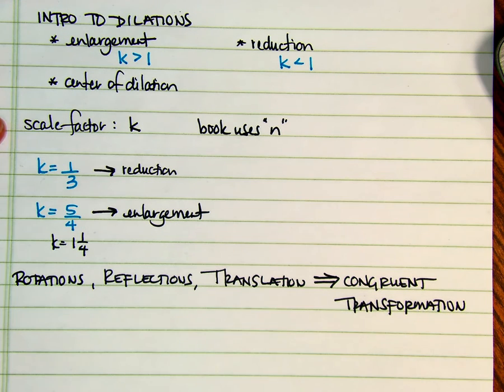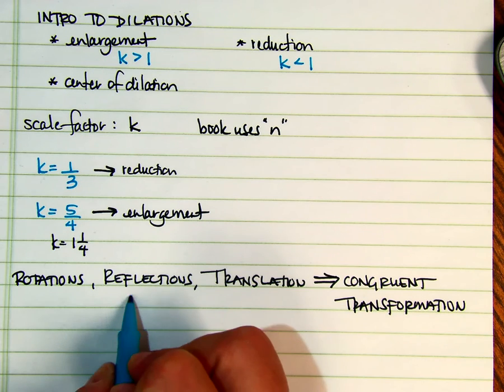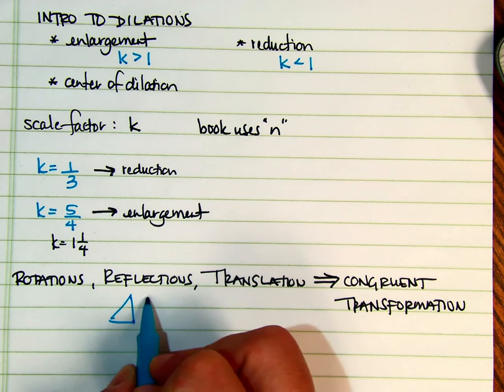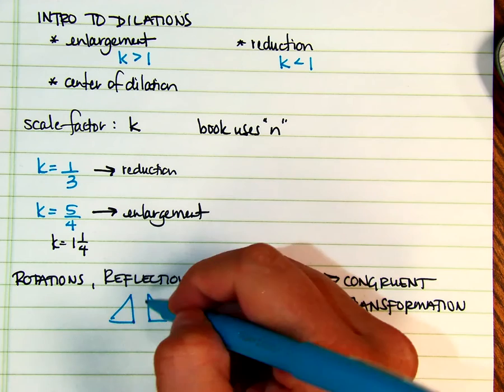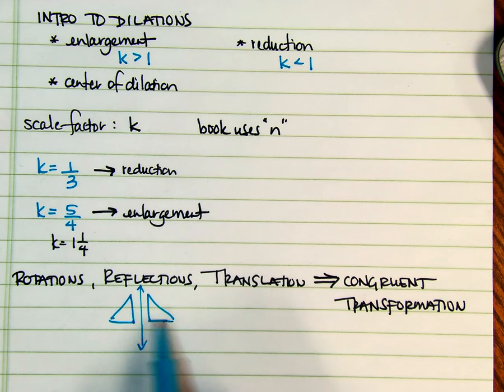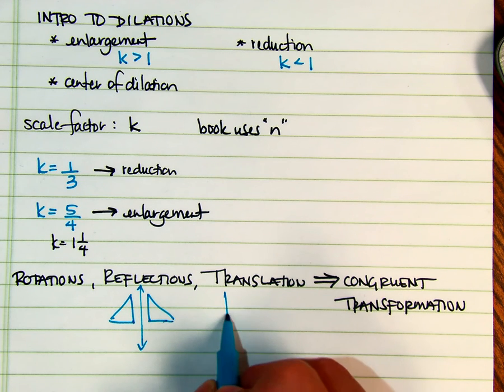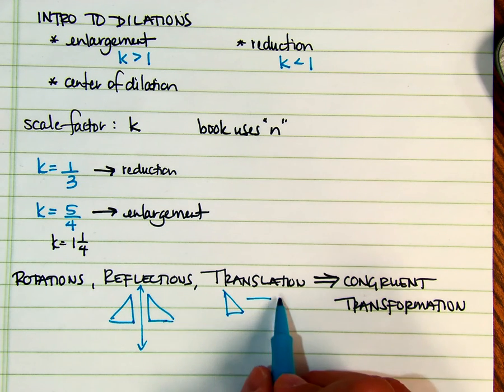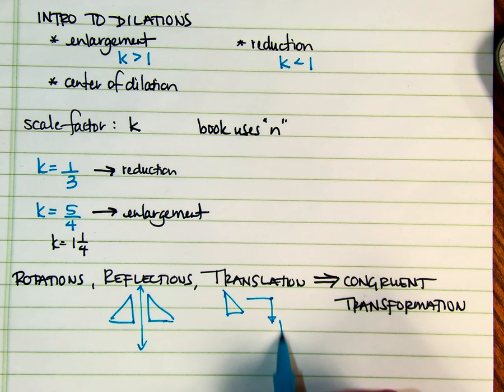They were congruent because whatever figure you had to begin with, when you reflected it about a line, the figures were exactly the same. They didn't change size, didn't change shape. Same thing with the translation. If we slide it to the right and then down, it's still going to be the exact same shape.